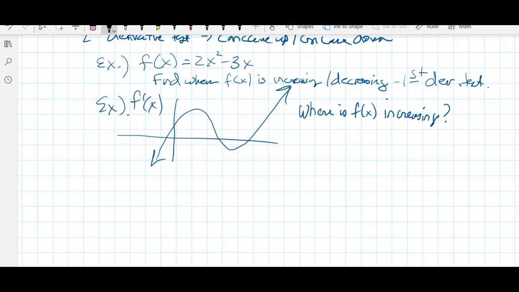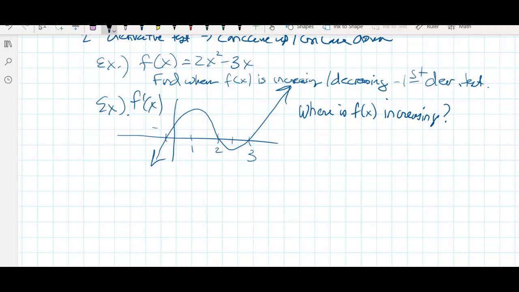Okay, I don't want you to get confused and go, oh, well, it's increasing to here. So let's throw some numbers in because we really can't do this without any numbers in there. Let's make that a 1. Let's make that 2. Let's make that 2.5, 3, whatever. Okay, so where is your graph increasing? We need this one.